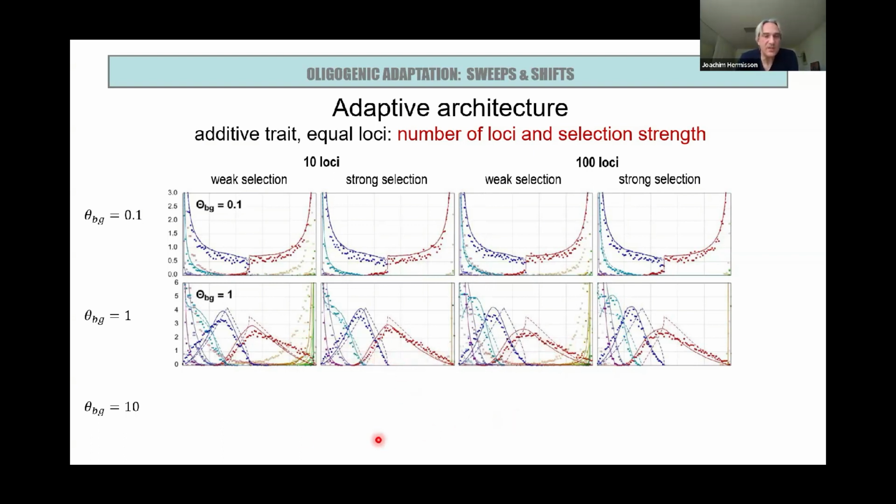We do now see small changes here and there. For example, here for 10 loci, consider this and this. These small changes mostly come up on the right-hand side, where you still see some alleles hanging around.